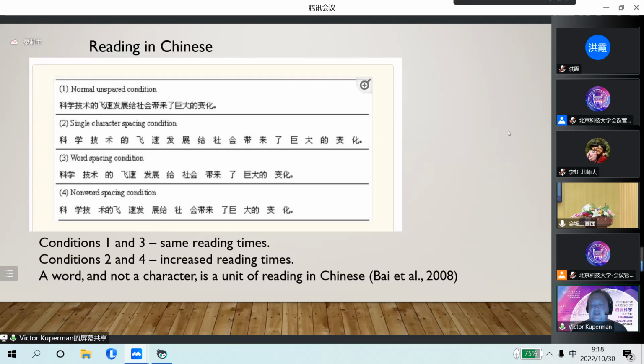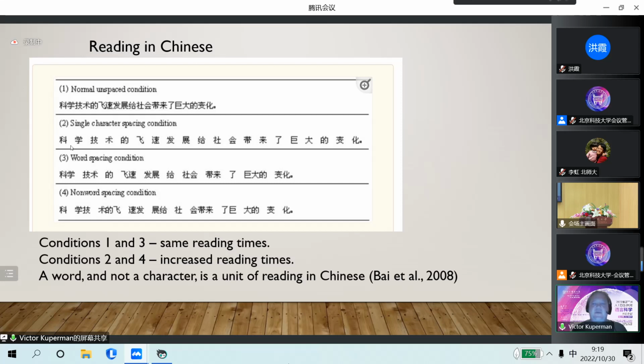So one of the first studies done on this topic, by et al. 2008, took one and the same sentence and presented it in four different ways. One was the normal unspaced condition. That's how the sentence would look in regular Chinese text reading.